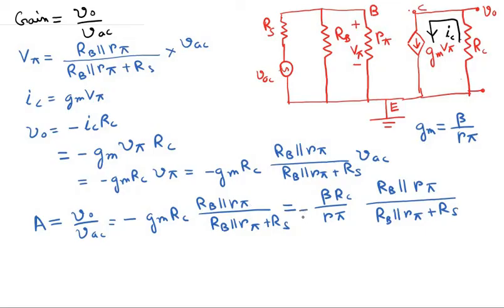There is a negative sign here. Okay, now note that this gain of the transistor is negative, which basically means that the output is 180 degree phase shifted with the input AC signal. Okay, so basically this is the expression for this gain of this transistor.